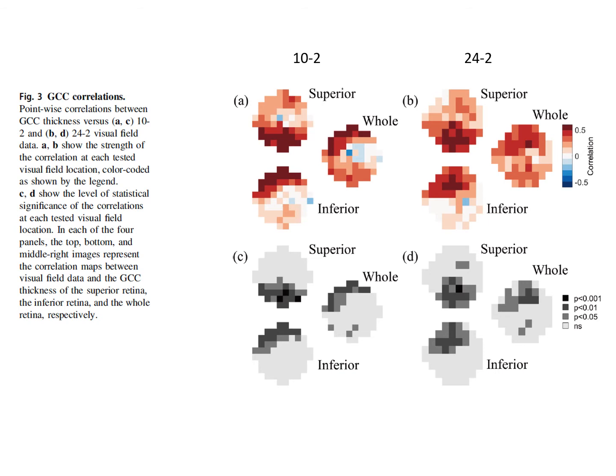In this slide you can see the correlation between both 10-2 and 24-2 with the ganglion cell complex, and you see strong correlation in the superior and inferior part of the visual field with the OCT values.